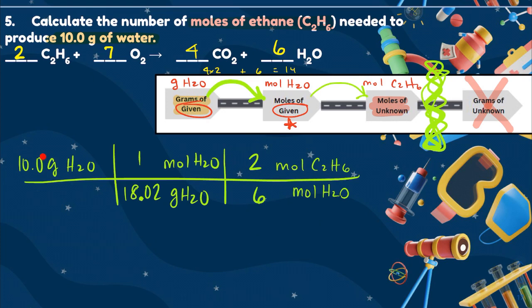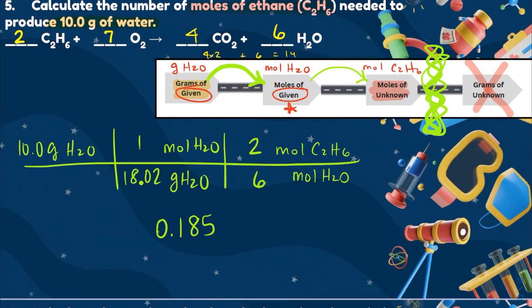All right, so to calculate this, we're going to take 10 times 2 and then divide by 18.02 and then divide by 6. I want you to pick up your calculator. Make sure you're getting this answer. You should be getting 0.185.